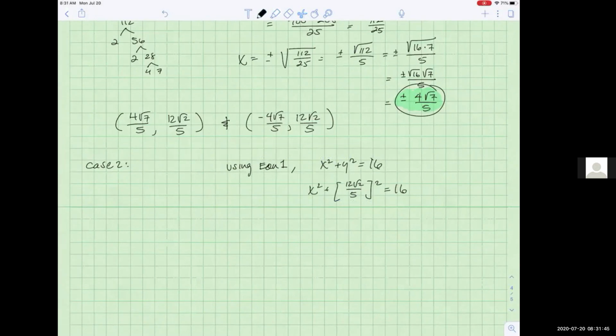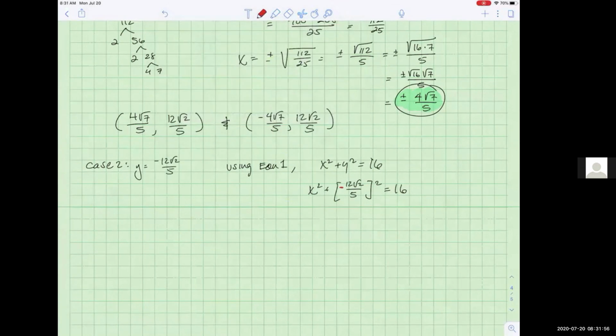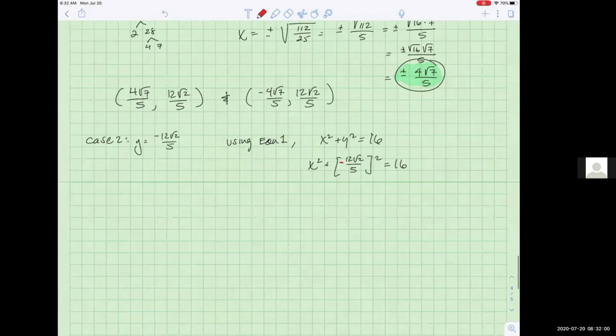If we have y equal to negative 12 root 2 over 5, and we use equation 1, the only difference here is this is going to be negative, but when we square it, we're going to get the same result anyway, and x is still plus or minus 4 root 7 over 5.